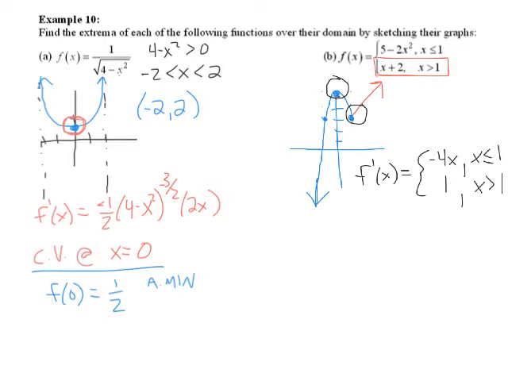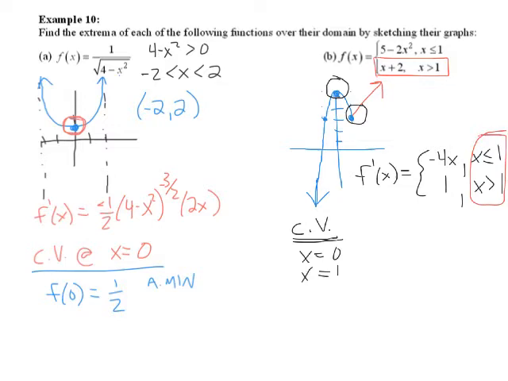And so our only critical value, you'd think, is x equals 0, but we also have the critical value of x equals 1, because at that point the derivative does not exist.